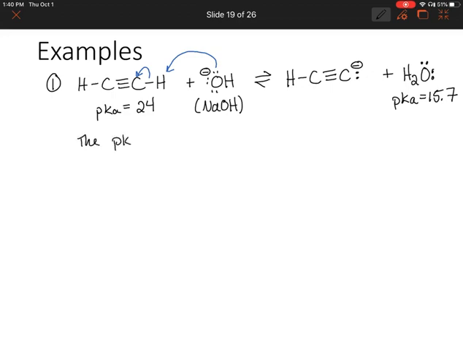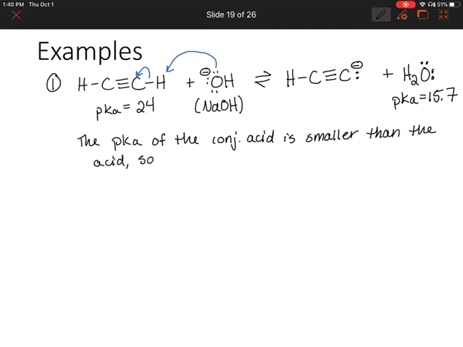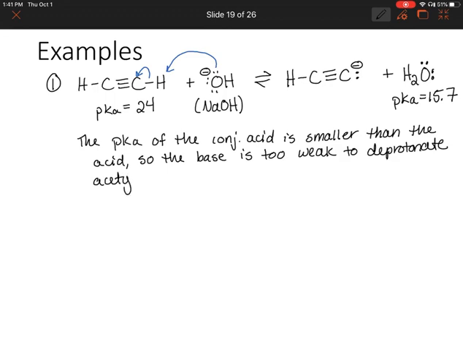So the pKa of the conjugate acid is smaller than the acid, so the base is too weak to deprotonate acetylene.